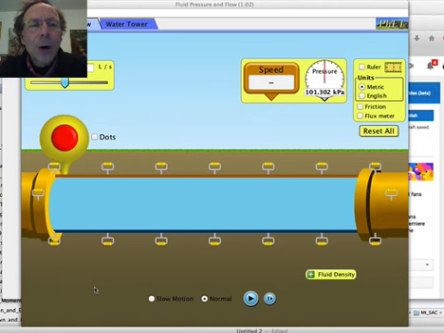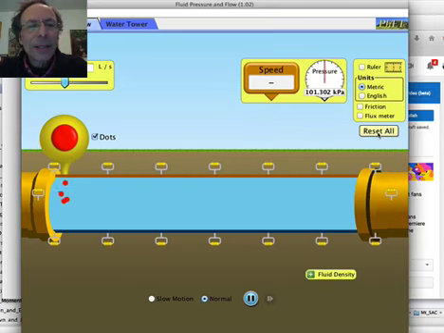Okay, so let's go on now to Bernoulli's principle. And I decided that I would show you the effect of Bernoulli's principle, and then we can get into the math of why it happens. So I brought up one of the PhET simulations, and let's make it go.